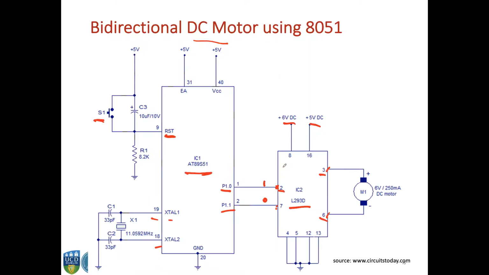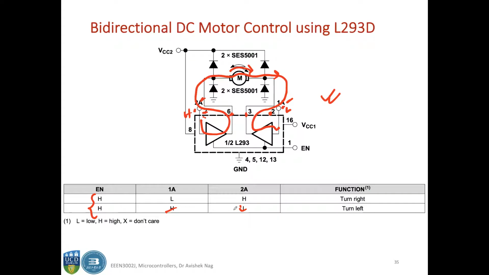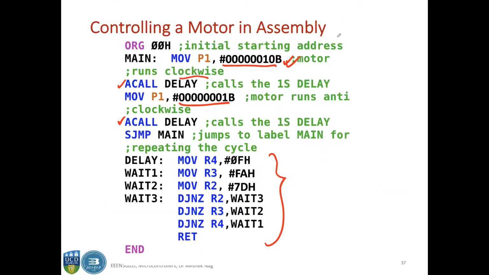Once you have this circuit ready, all you need to do is activate port 1.0 or port 1.1 with a delay. That's what this code is all about. So you are moving a binary configuration to this port so that port 1.1 or 1.0 is activated, and then you can turn the motor in a specific direction.